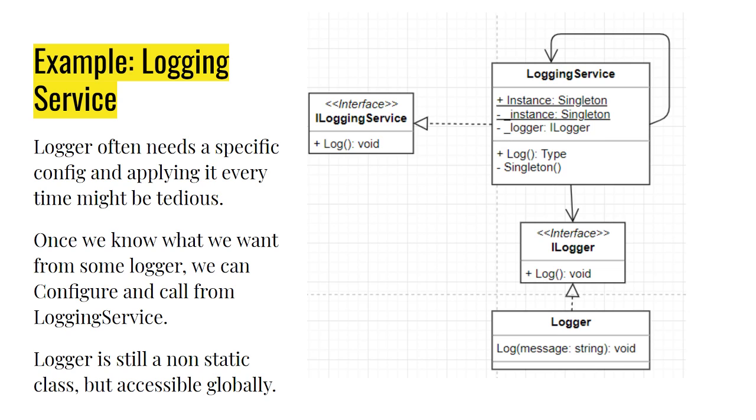So my logging service will have a log method, but inside it, it will have a non-static logger. Usually when you have loggers, it's a static class which holds it because it needs to be accessed globally. But with Singleton, you can have a non-static logger. In a case where you wouldn't use a static class, it also works perfectly fine.